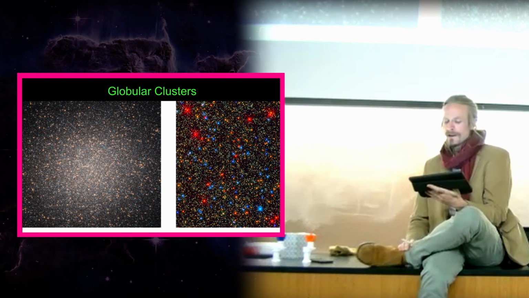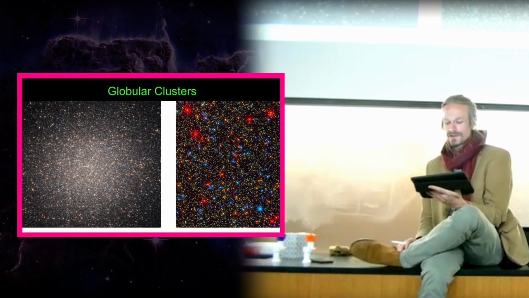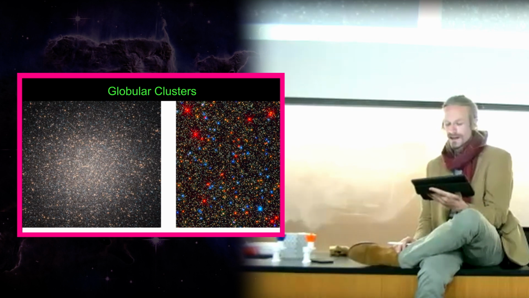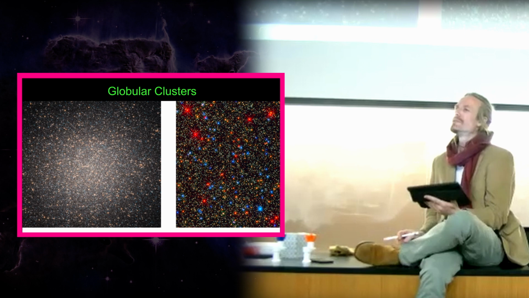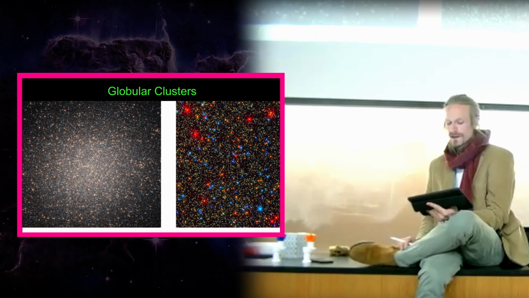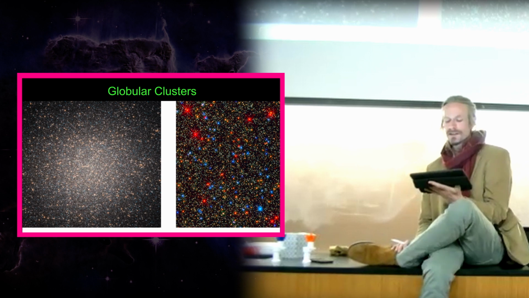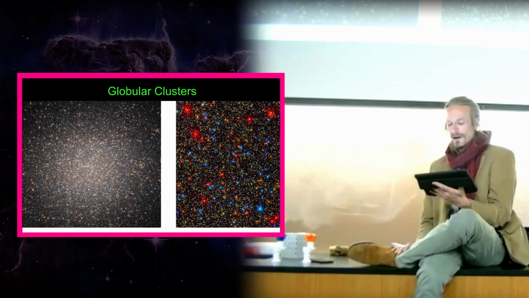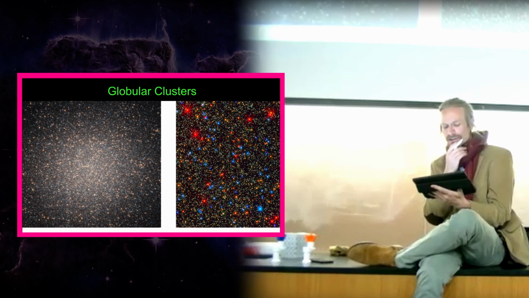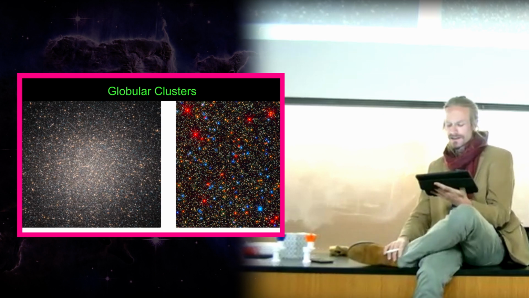As you start to see, it would make sense that globular clusters are some of the oldest pieces of the Milky Way. We're going to see these stars that have evolved, they have metamorphosed further. And there's somewhere on the order of 100 or so of these globular clusters in our galaxy.